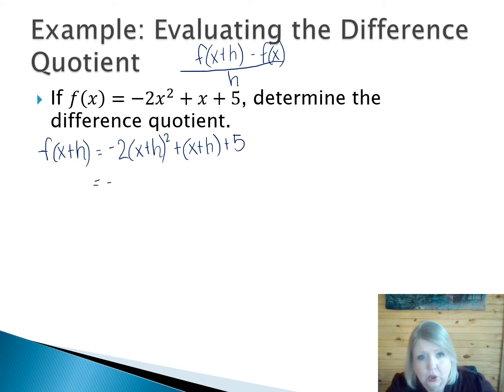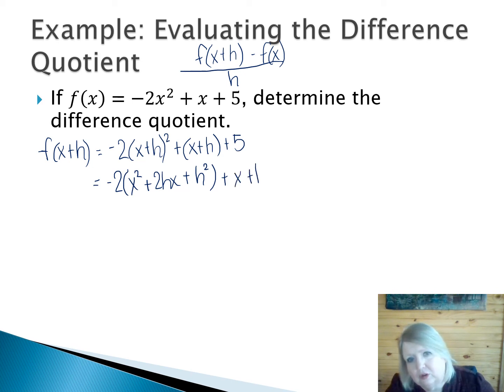Okay, so negative 2 times, here's that formula again, x squared plus 2hx plus h squared. Is it wrong if I write 2xh? No, it's not wrong. It's just not proper. Plus, I'm technically distributing the one, I guess you could say, x plus h plus 5.